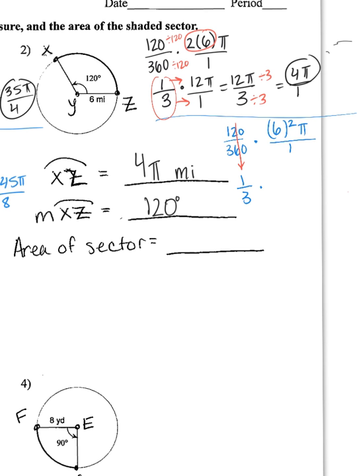And then it's going to be times by 36 pi this time. If I multiply straight across, I have 36 pi divided by 3, but each of those numbers is divisible by 3. So that really gives me 12 pi over 1, or just 12 pi miles squared.